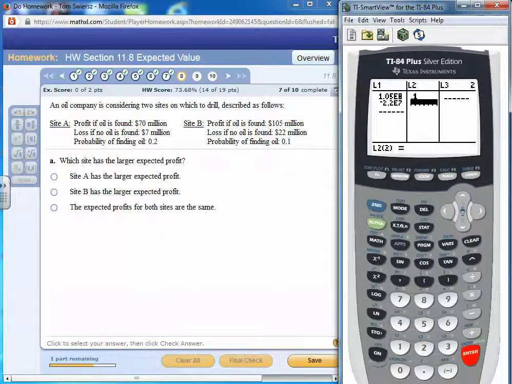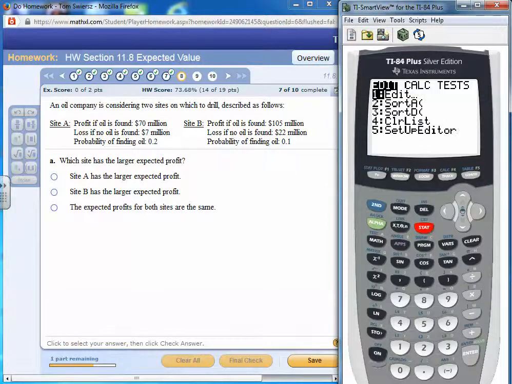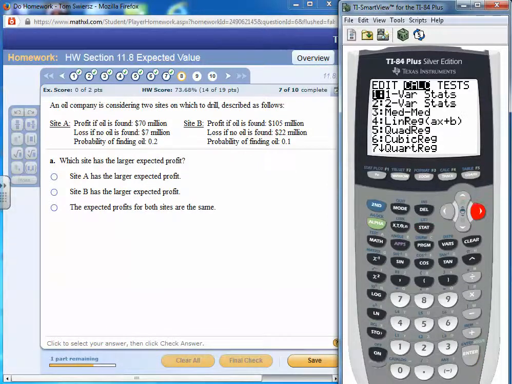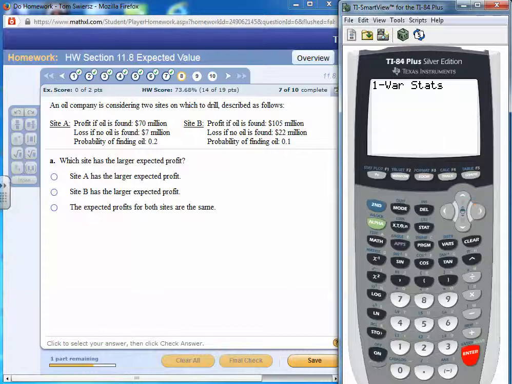So the probability of not finding oil would be 1 minus 0.1, which we know is 0.9. So now we go to stat, over to calculations, always one variable.